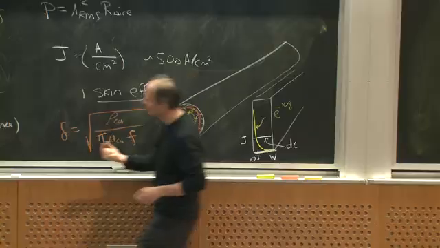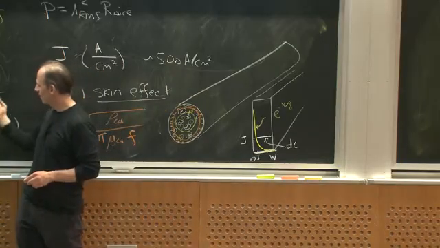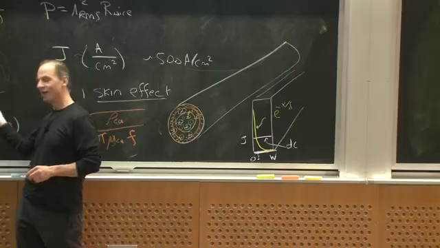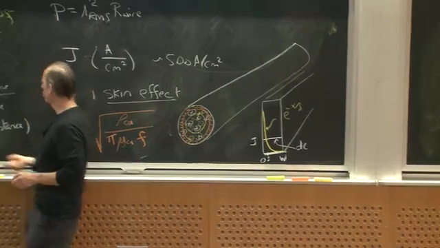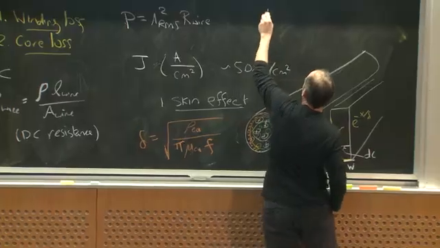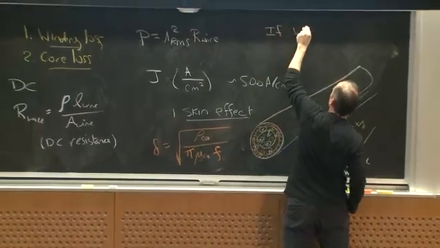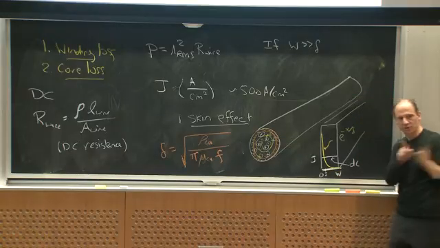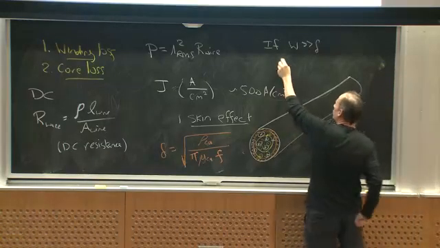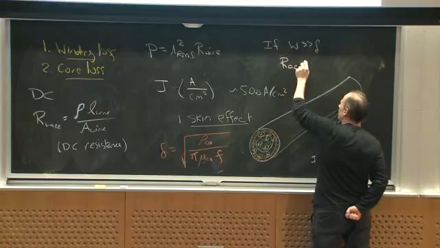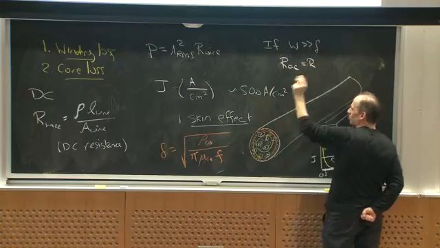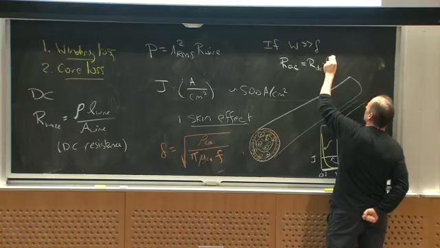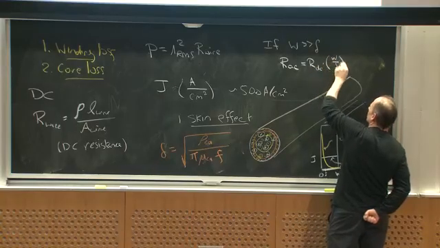So instead of having the area of the wire, which might be the height of the wire times the width of the wire, I'd have the height of the wire times delta. Or another way to express that is if W is much greater than delta, if the width of my wire is much greater than the skin depth, then I can write the AC resistance as being equal to the DC resistance, which is what I calculated over there, times W over delta, right?